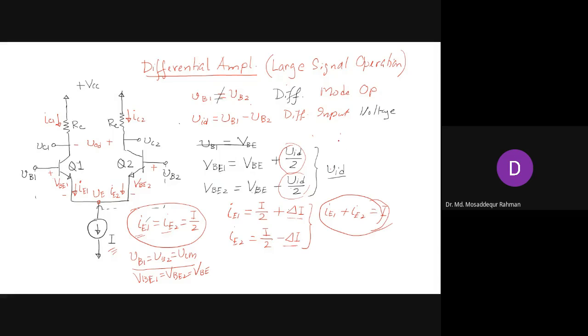Okay, now that we have determined I1 and I2, we can write that IC1 will be alpha I1 and IC2 will be alpha I2. And then we can also write the expressions for the voltages.